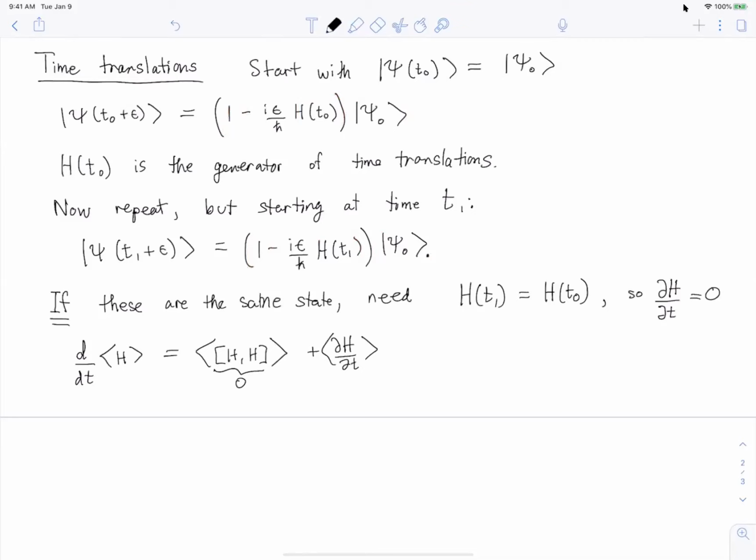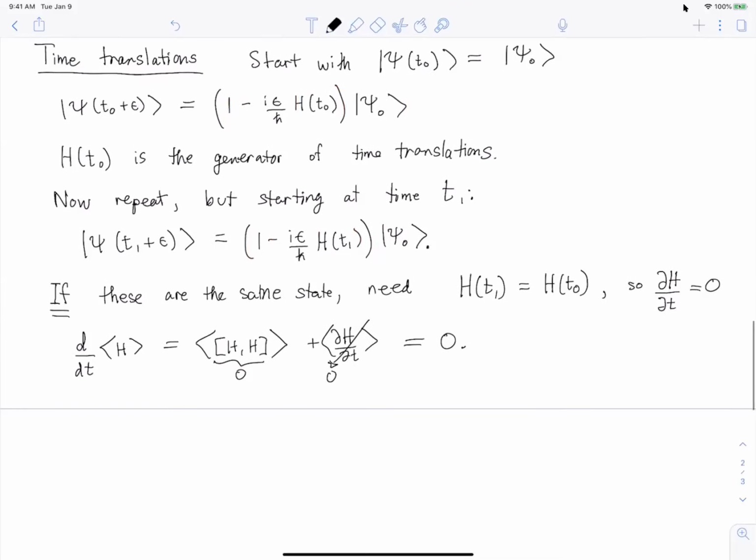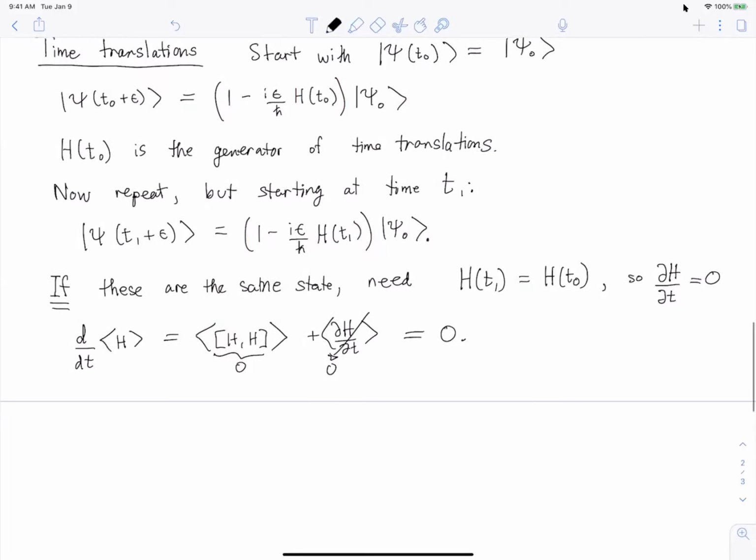The Hamiltonian commutes with itself. And this is clearly 0 from what we just showed. And so this will be 0. Okay, so if your Hamiltonians are the same at two different times, no matter what the times are, then its expectation value will be 0 also. Okay, which makes sense. May not be completely obvious though, but it turns out to be true.